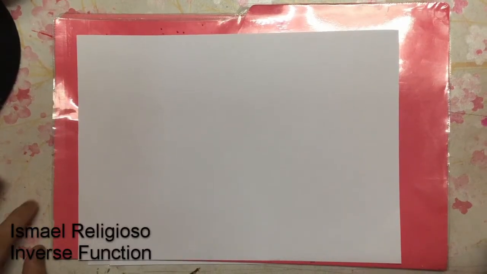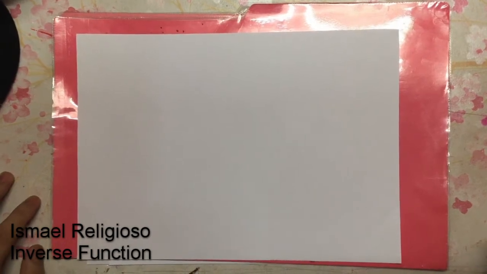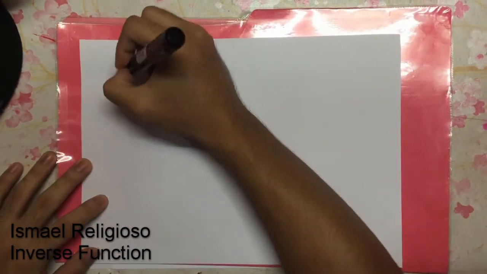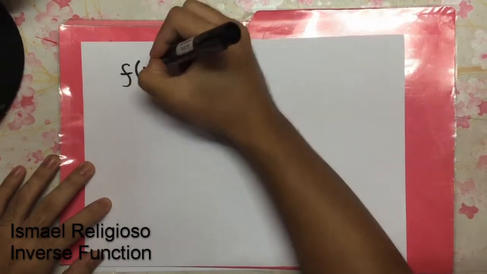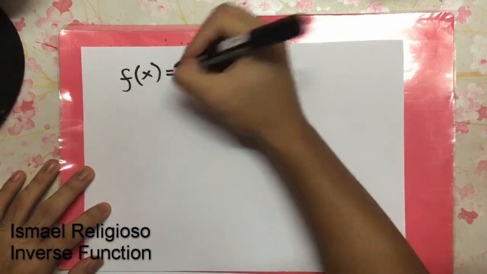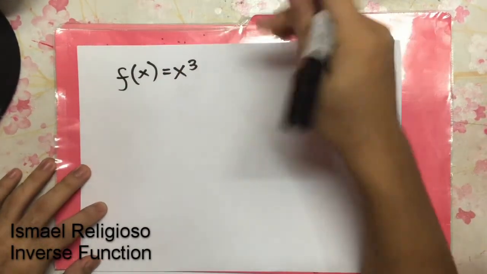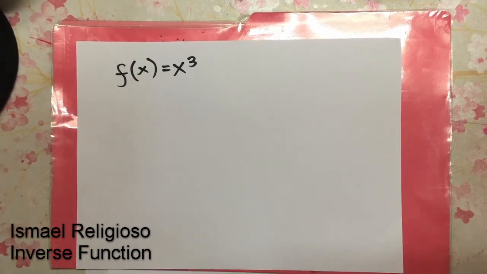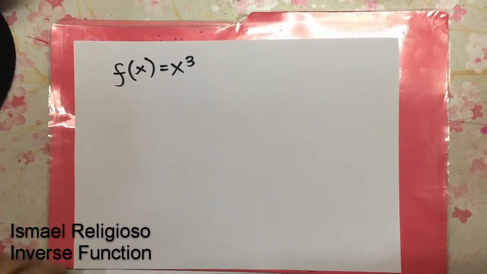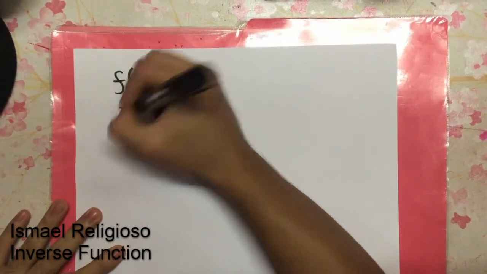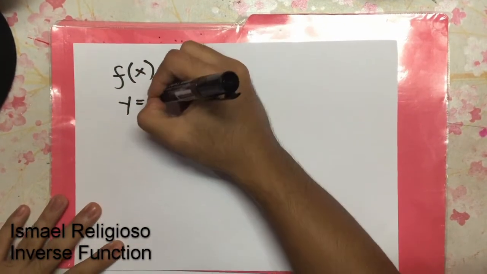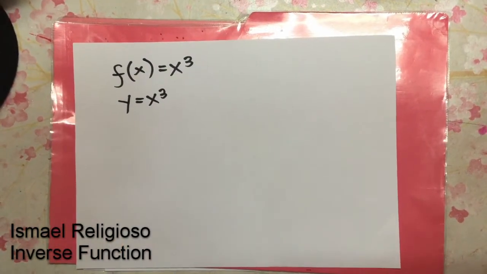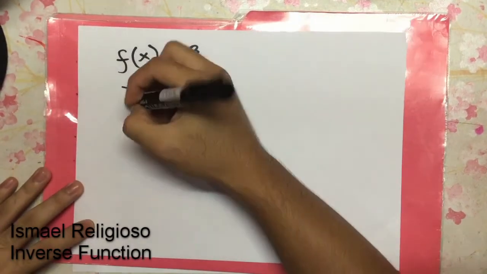So first, let's use f of x is equal to x raised to 3 as a given. So first, let's apply the first step. Write the equation in the form of y is equal to f of x. Then, interchange x and y.